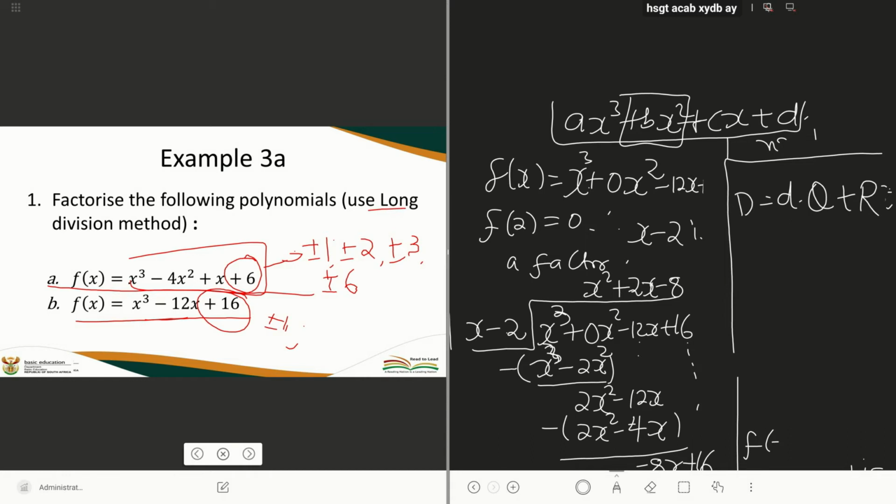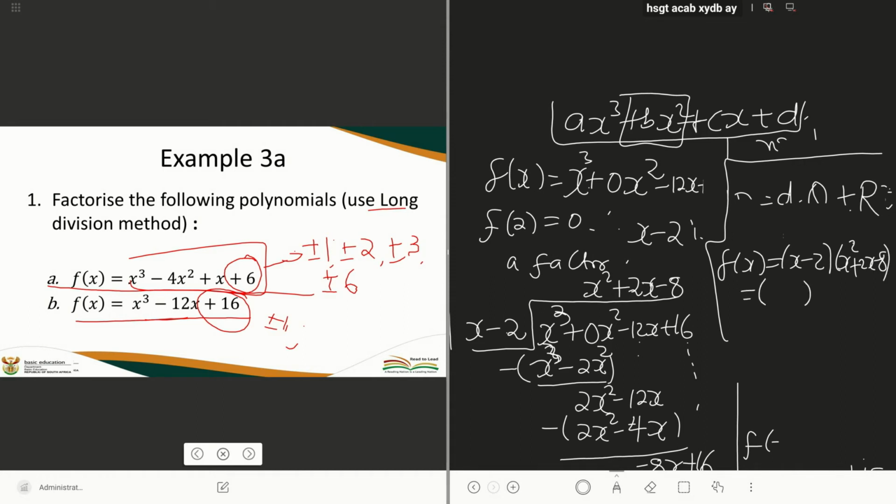So our dividend f at x is equal to our divisor x minus 2 multiplied by the quotient. Let me write it here. F at x is equal to x minus 2 multiplied by x squared plus 2x minus 8.